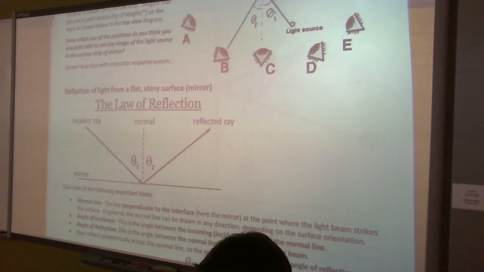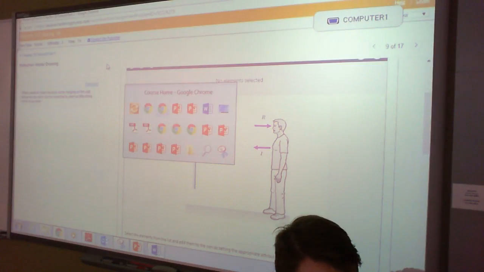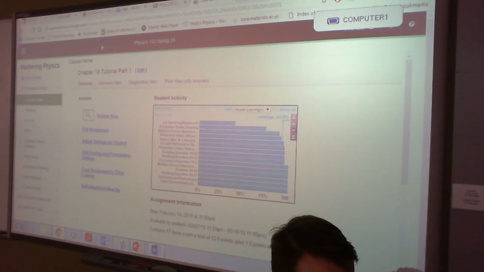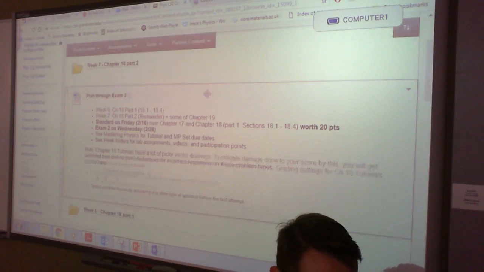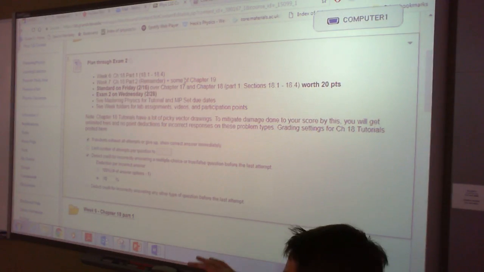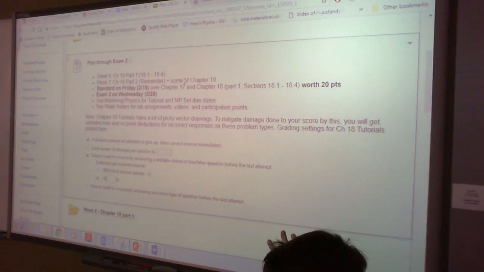Before you go ahead and practice that bottom problem, I want to take you to the chapter 18 tutorial. I will point out that I changed the grading for these tutorials. You have unlimited attempts for your tutorials in chapter 18, both part 1 and part 2, because there are these ray diagrams, and Mastering Physics is pretty particular.